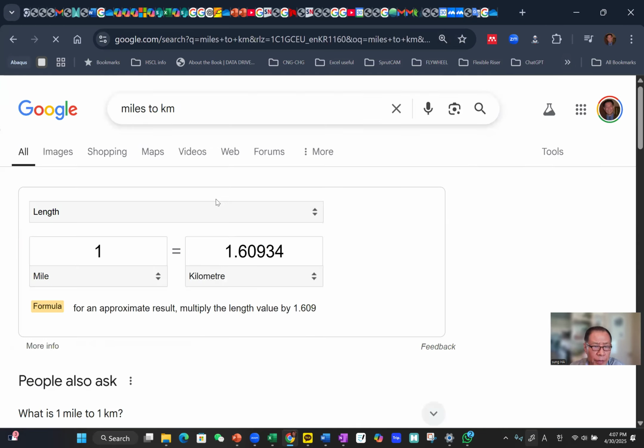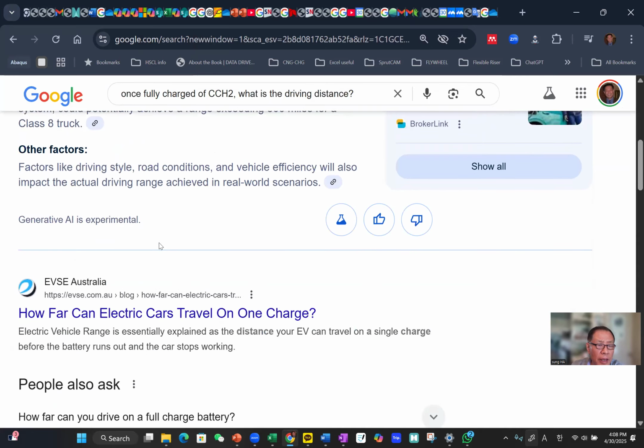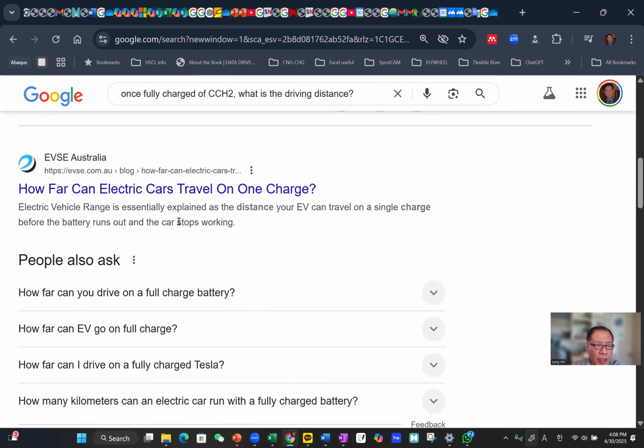So 500 miles is about 800 kilometers. And other factors, like driving style and road conditions, also matter.